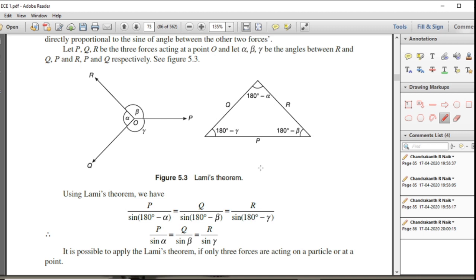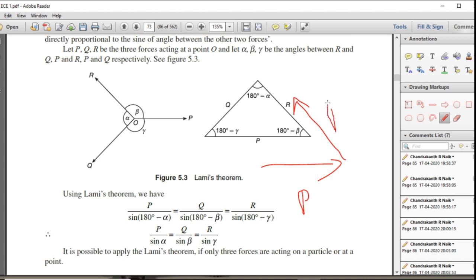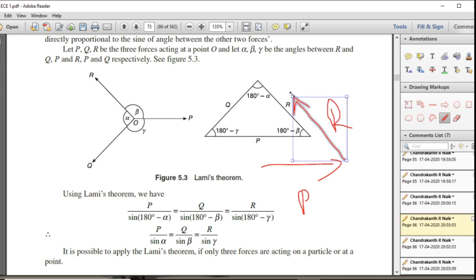So here I'll show you. This is the force P, so we take this P. Then there is a force R, so we have to start from the head of P. This is P, this is R, and Q is downwards.